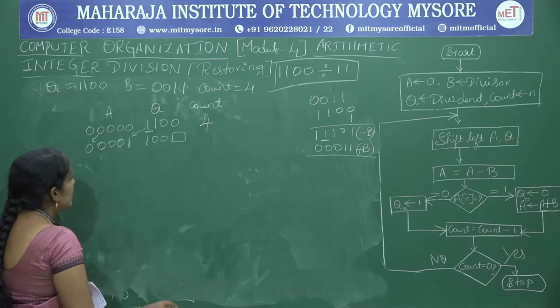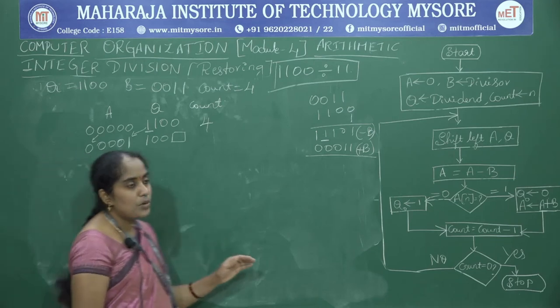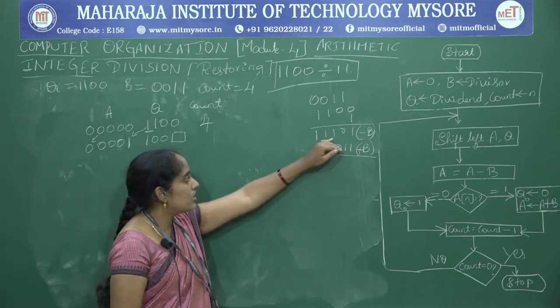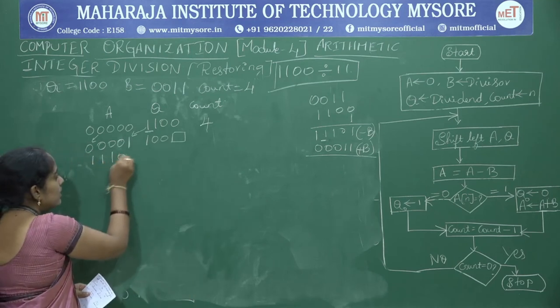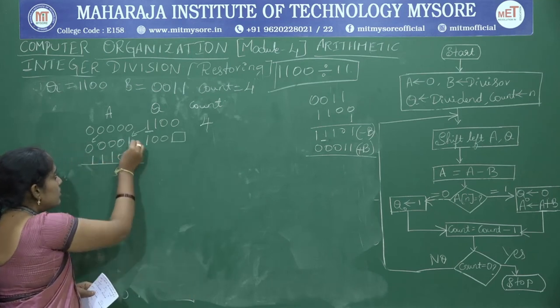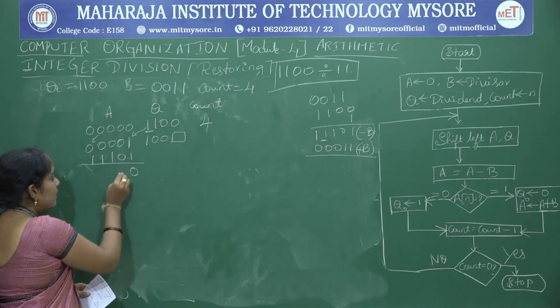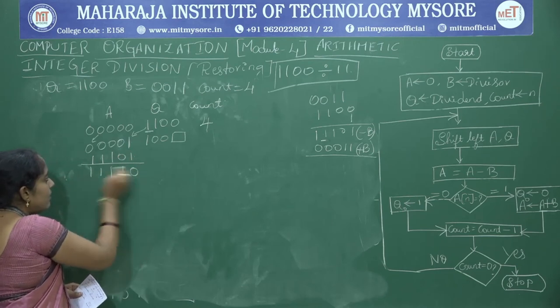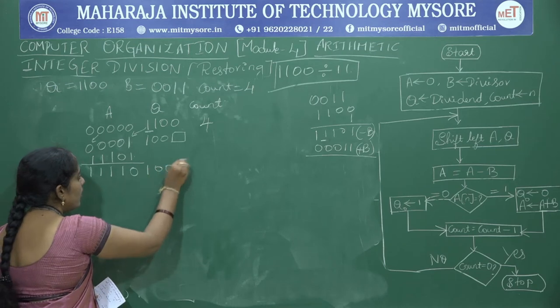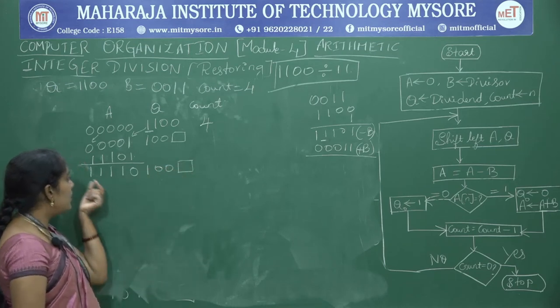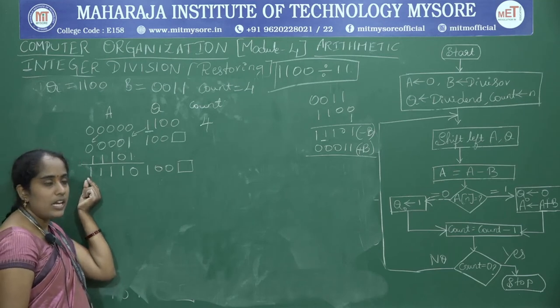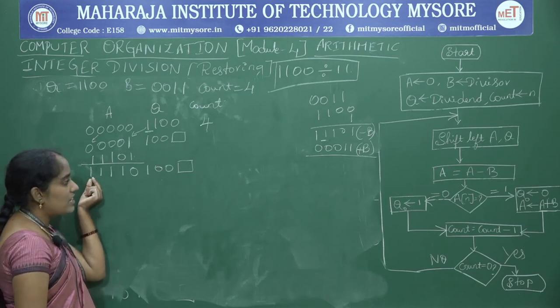Okay. So the next is A is equal to A minus B. So here this is the minus B, right? 1 1 1 0 1. So 1 1 is 0 and carry 1, 1 1 1 1 1 0 0 and blank. Okay. Now in the next step you need to check the sign bit of A. Here the sign bit of A is 1.